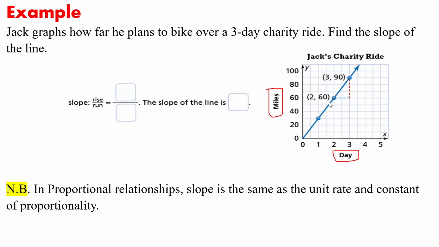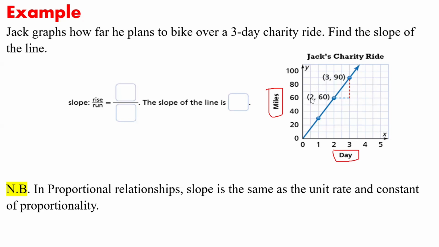Just like in this example, the line is trending upwards, therefore our slope is going to be positive. If the line is trending downwards, it means that our slope, when we find it, is going to be a negative slope. Now, how do we find the slope using rise over run?